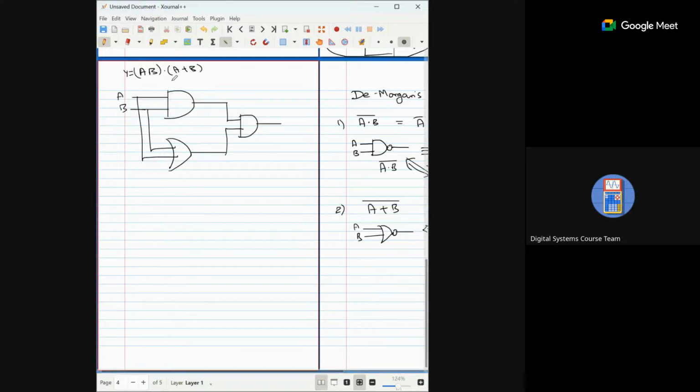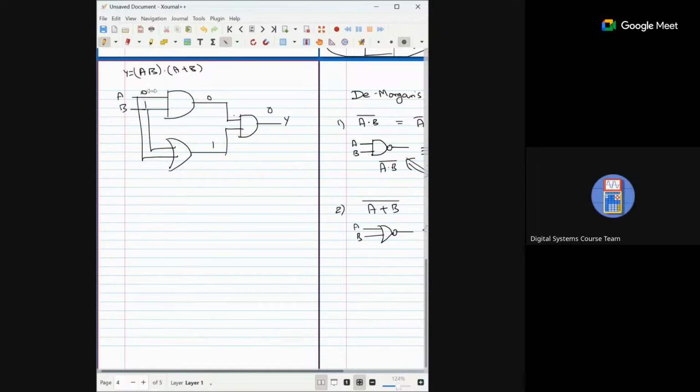Let's say y is equal to this. If I give a equal to 0, b equal to 0, what is the answer for both outputs of the first level? Both are 0, right? Finally the output is 0. Now this input is 1. Anyhow, this is 0. This line becomes 1. If one of the AND gate inputs is 0, what is the output? It's 0, sir.